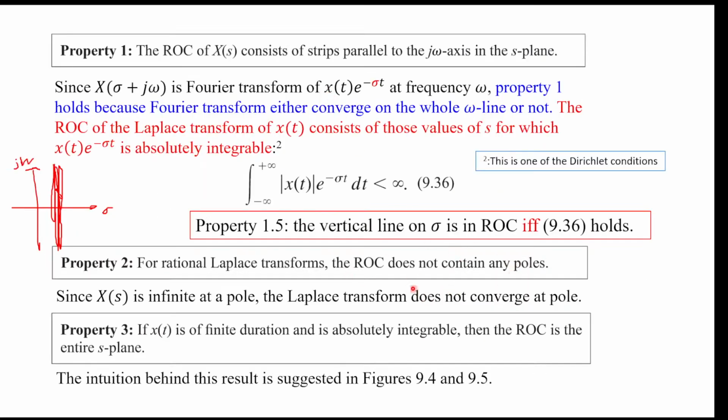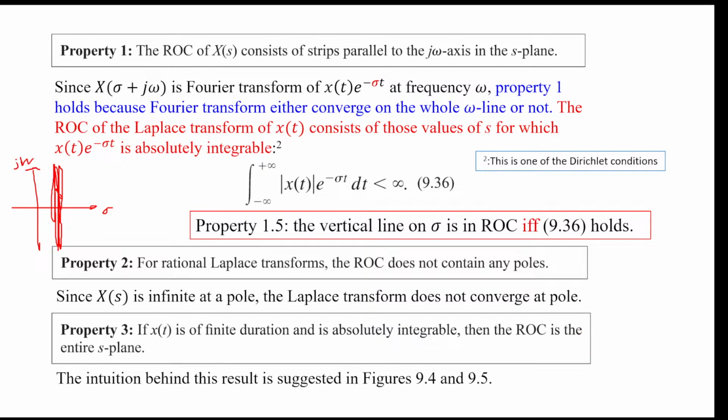One important property of the ROC is that the ROC should not contain any poles. This is very easy to derive because by definition x of s diverges at poles, x of s is infinity. Then obviously the integration doesn't converge, and the Laplace transform integration does not converge at the poles. So poles should not be inside the ROC. That's an easy property to derive, but pretty important.